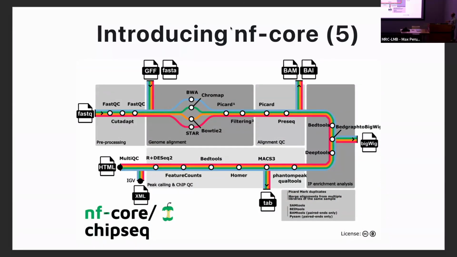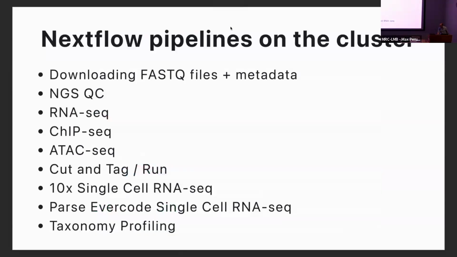Then you generate consensus peaks here with Homer and bedtools. You can then look for differential peaks with R and DESeq2. And then you can summarize all the reports with MultiQC. So that's the sort of thing that they present. And then for each of these different steps, there will typically be little parameters to alter how they work, but normally the defaults tend to work fine. So that's a pipeline.